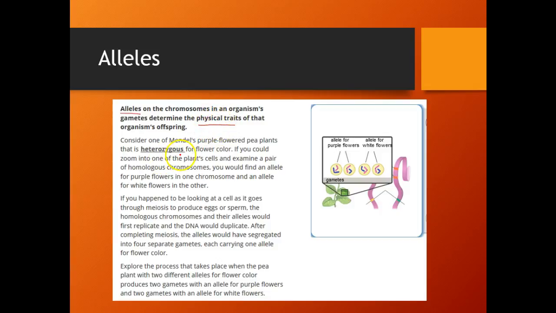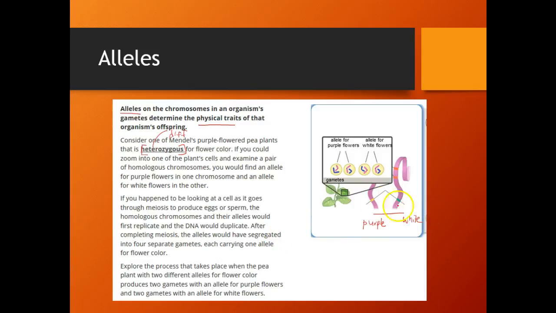So let's look at Mendel's purple-flowered pea plants that is heterozygous. Remember heterozygous, hetero meaning different. This flower has 2 different alleles. If we were to zoom into the plant's chromosomes, what we would see is that this plant has a chromosome for purple, and the other one would be for white.